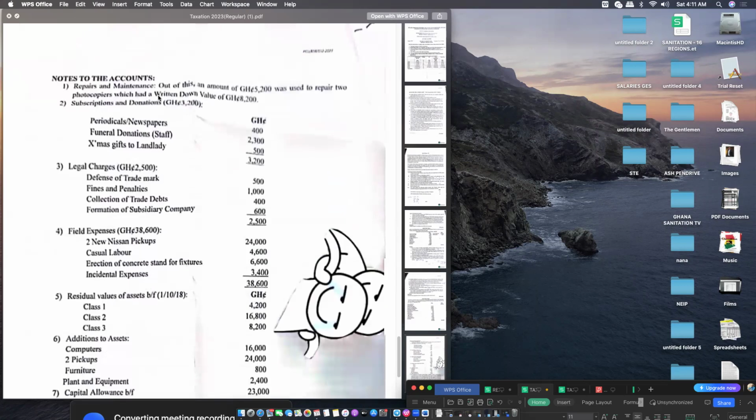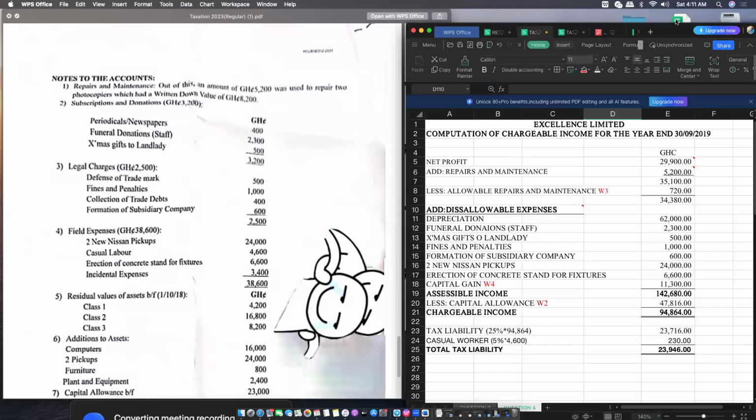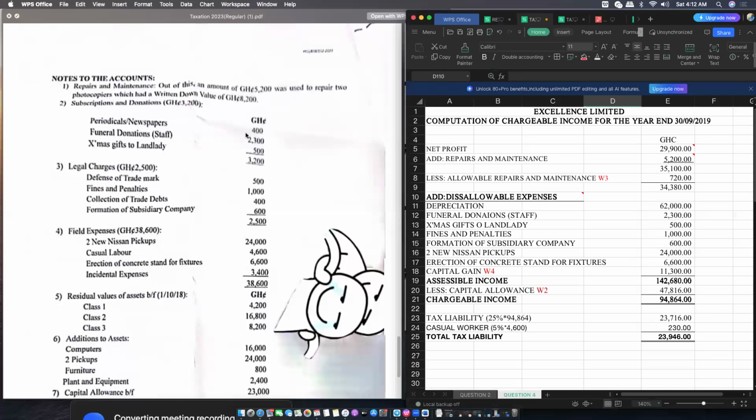Under subscriptions and donations, 3,200. Periodicals, newspapers. Are we disallowing it?